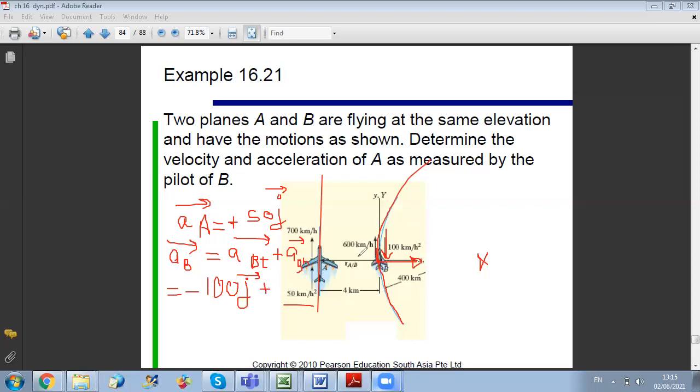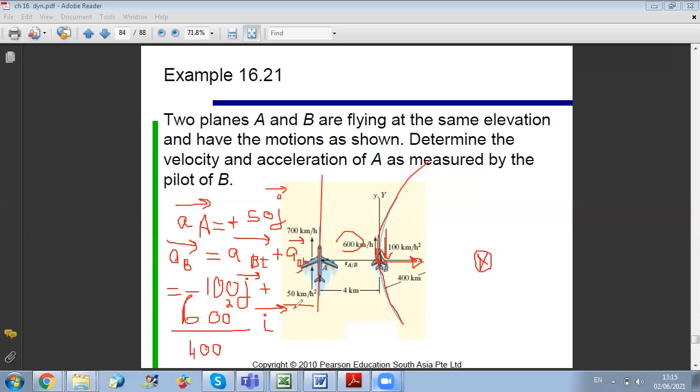So plus the velocity is 600, so plus 600 squared over the radius of curvature, which is 400. And it's directed along UN, which will pass through point O. So it is along I. In this way, we have calculated the components of acceleration of B.